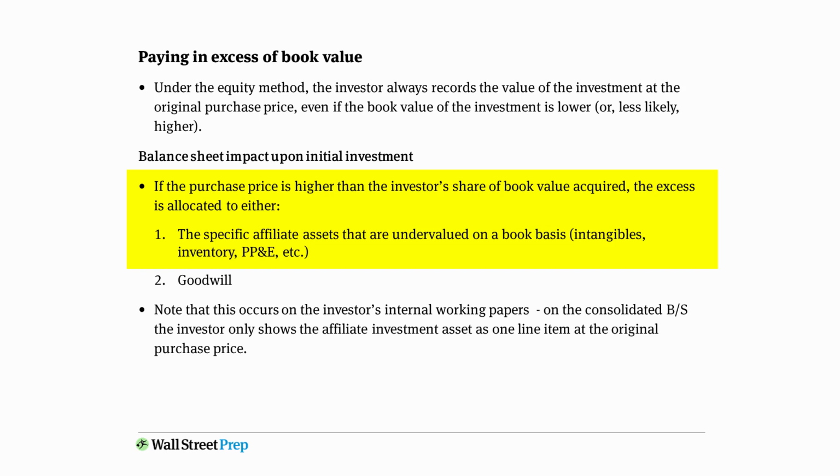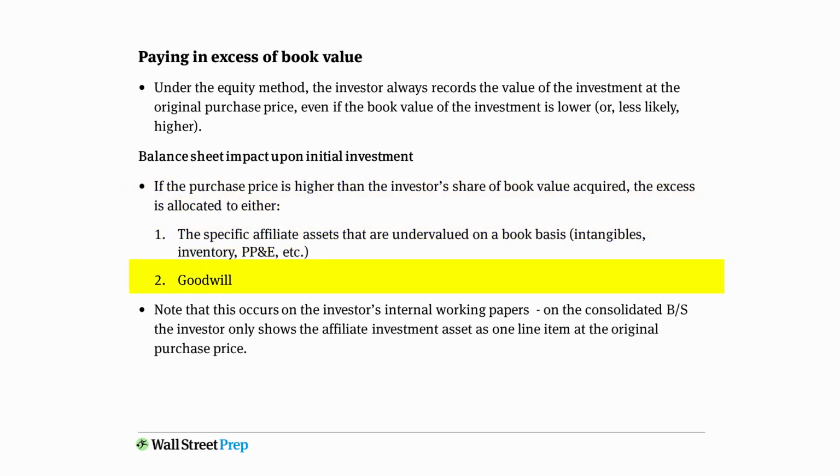Typically this ends up going to intangible assets, inventory, property, plant, and equipment. If the excess of the purchase price over the book value of the investment isn't tied to any specific undervalued affiliate assets, then the excess has to be allocated to goodwill.